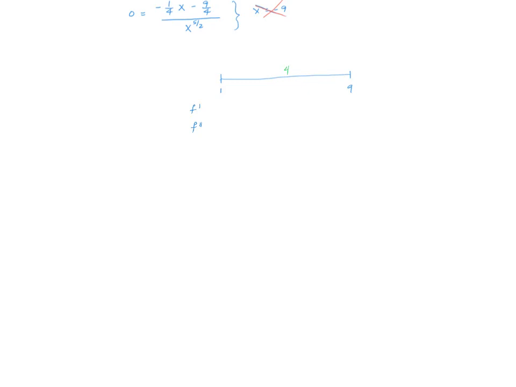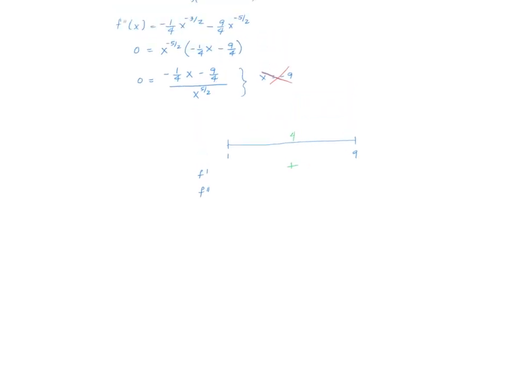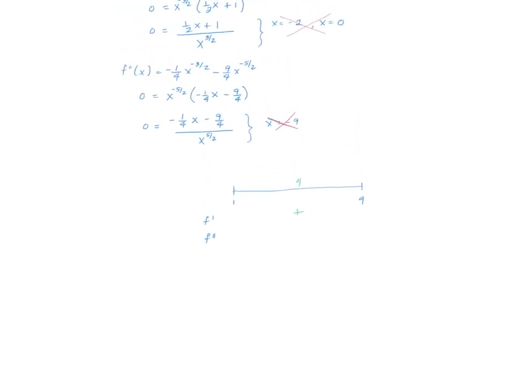So if I put 4 into my first derivative, it looks like it's going to be a positive over a positive. So it's going to be positive. And I'm looking at where I have written it as a fraction.